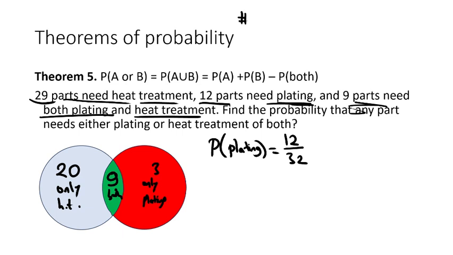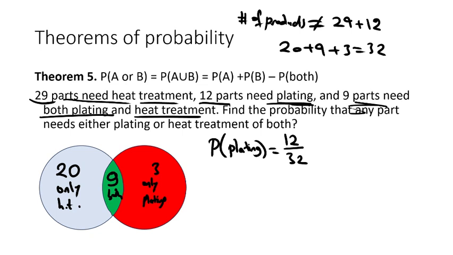The number of products is not equal to 29 plus 12, because you will count 9 twice in that case. The number of products is 20 plus 9 plus 3, which is 32. The possibility that they need plating is 12 by 32. The possibility that they need only plating is 3 by 32.